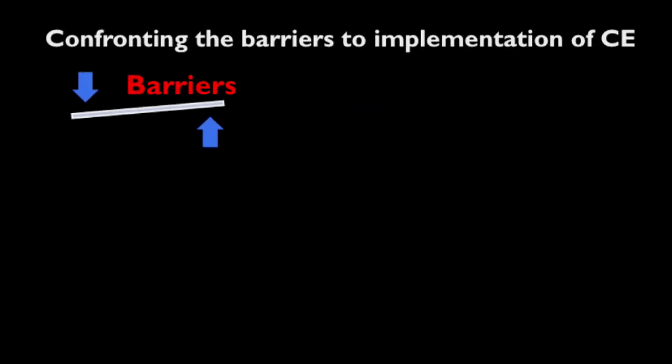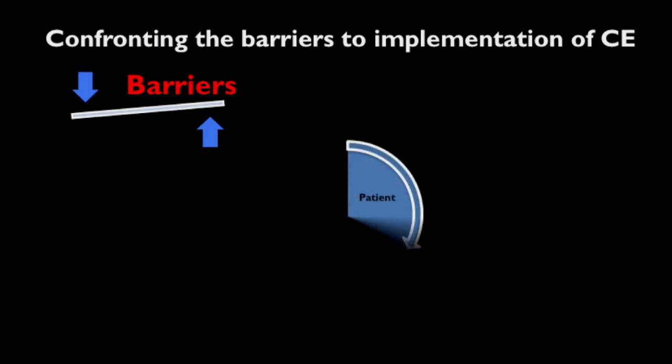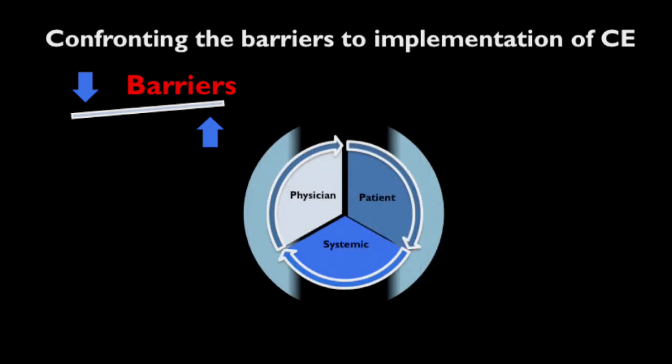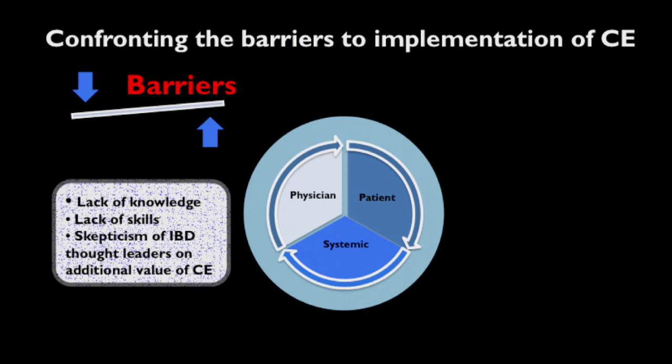Like every tool, chromoendoscopy imposes limitations even as it opens opportunities. Potential barriers at patient, physician, and systemic level include lack of basic knowledge, lack of skills, and skepticism of IBD thought leaders on additional value of chromoendoscopy, leading to inertia among clinicians.